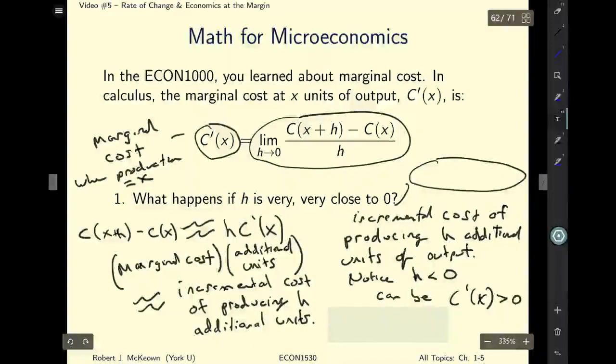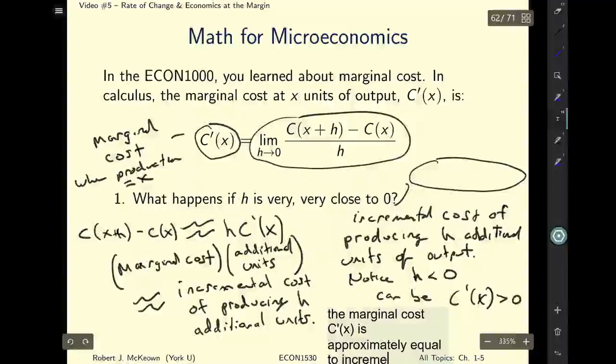So we can say that the marginal cost C prime x is approximately equal to, oh, I'm running out of space, the incremental cost, where the incremental cost is this thing here.